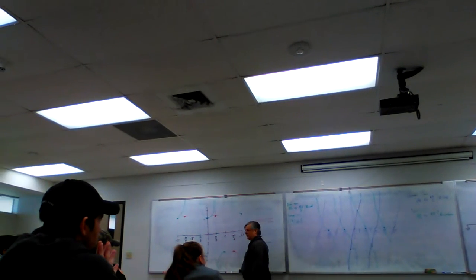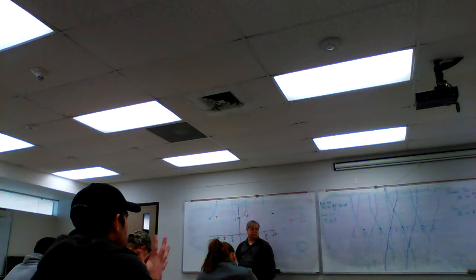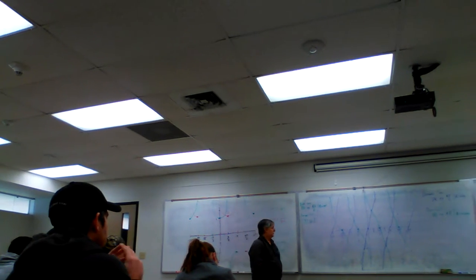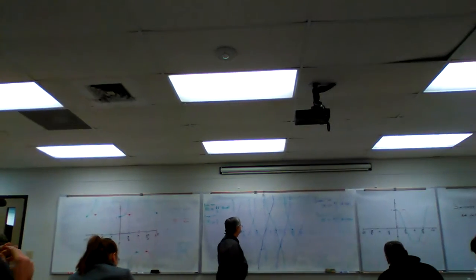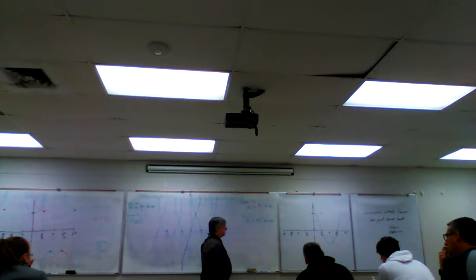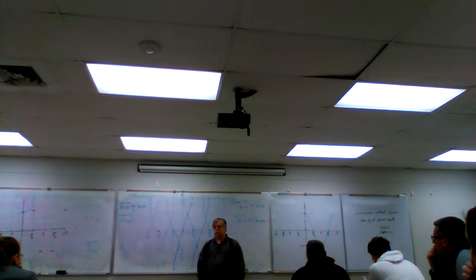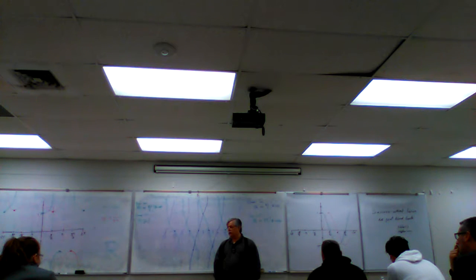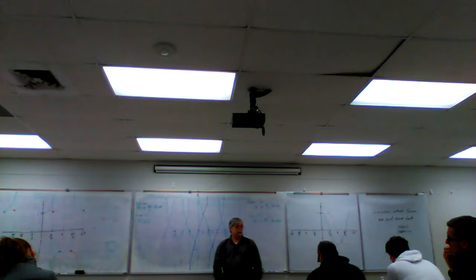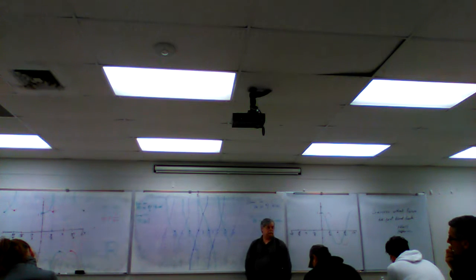The period of tangent is pi, not 2 pi. It's half the period of sine and cosine. The same thing is true of cotangent. The period of cotangent is also pi.